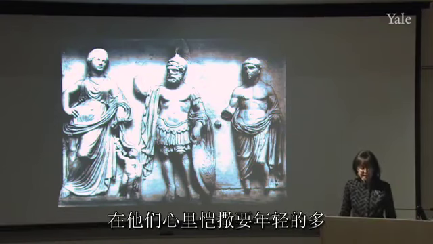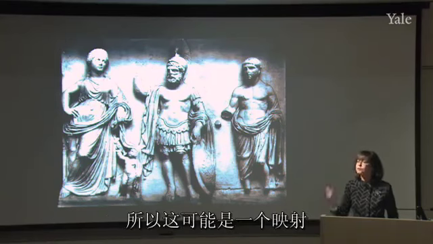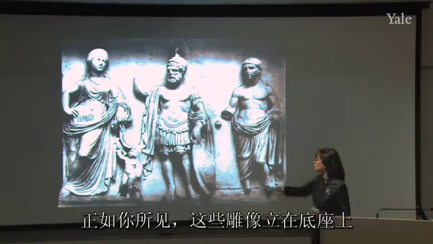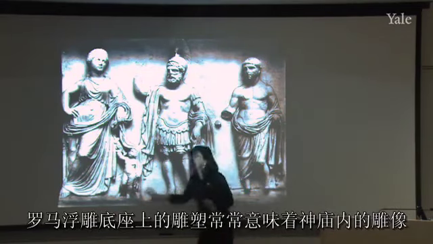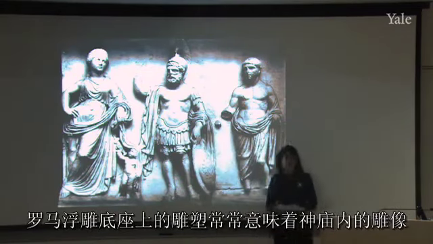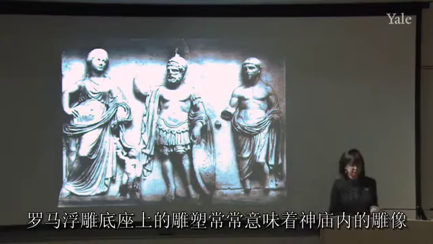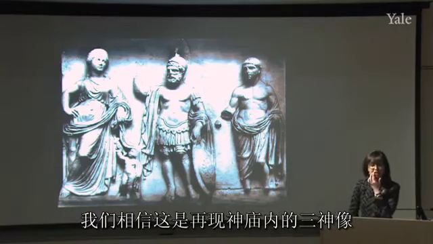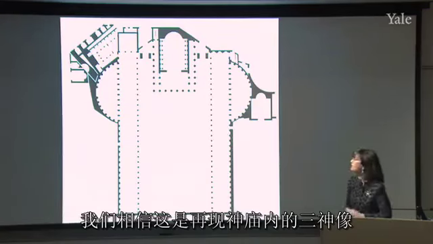They were able to shed a fair number of years and were depicted in much younger versions in their divinized state. So this is probably a reflection, as you can see the figures stand on bases, and figures that stand on bases in Roman relief sculpture are usually meant to be statues, and we believe that this is again a rendition of what that triple set of statues would have looked like inside the temple.